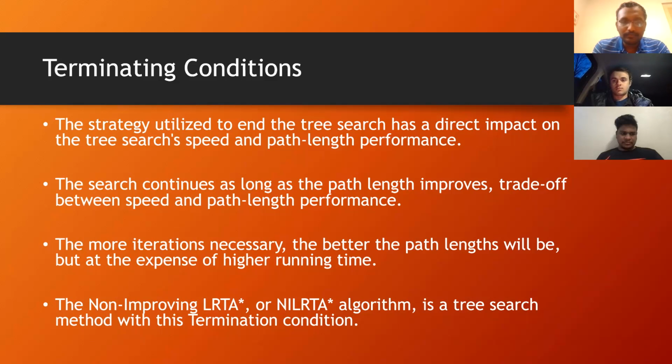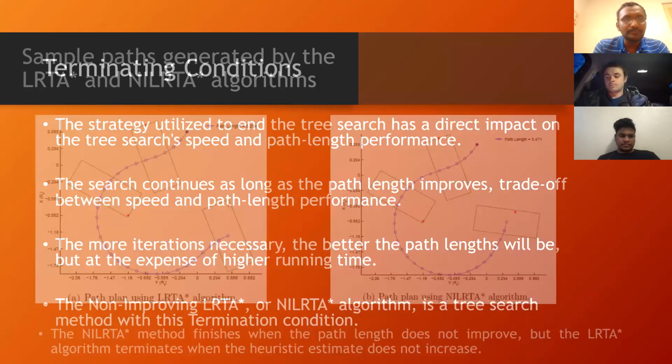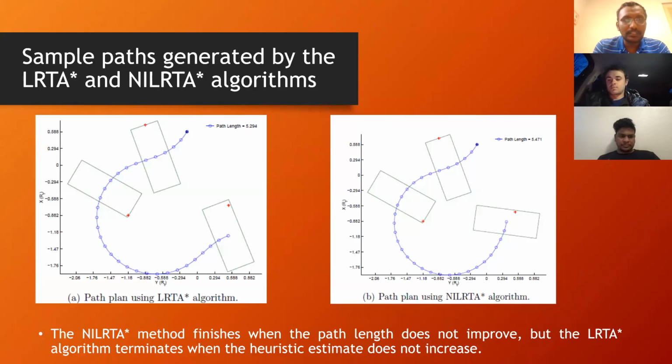For LRTA star, this is the other one, non-improving LRTA, NI-LRTA star. This method is in the termination condition. And these two are the simple paths generated by these two algorithms. Left is LRTA star and the other is NI-LRTA.